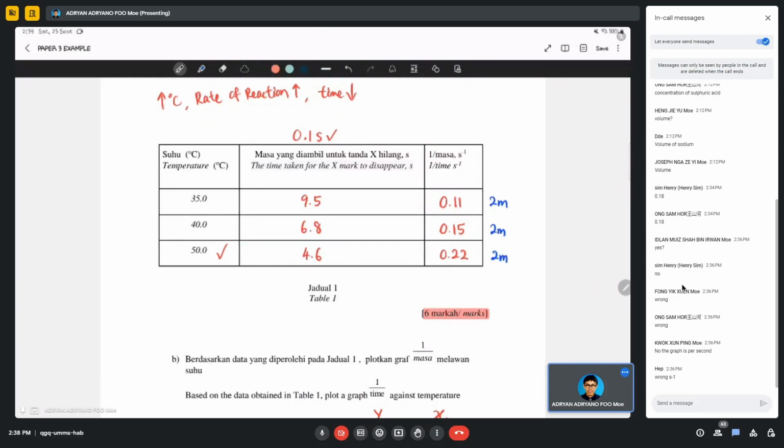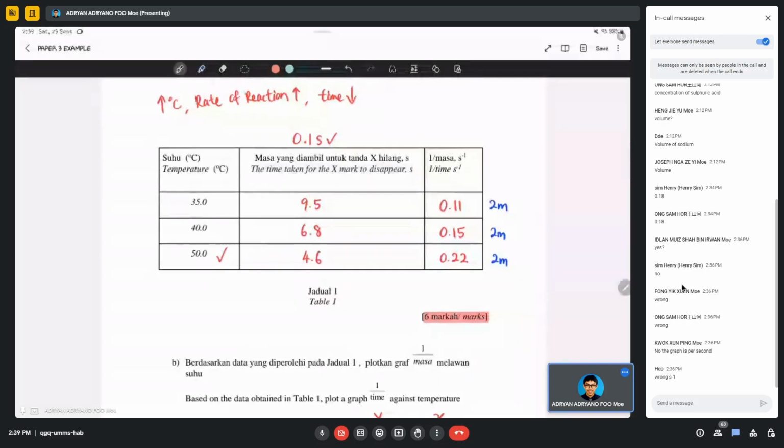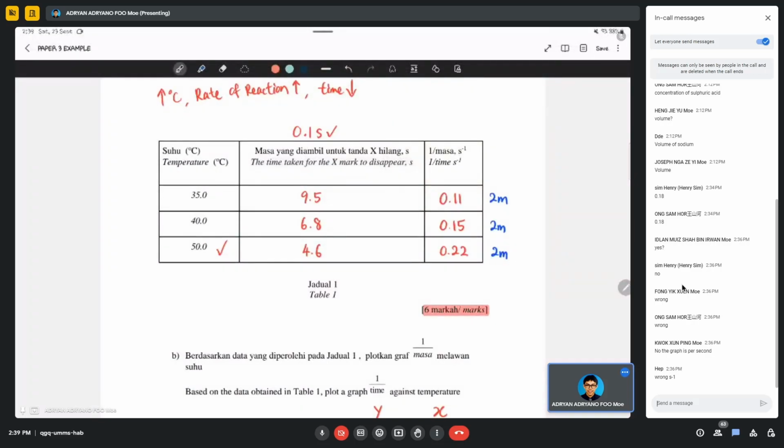So now I need to think what the rate of reaction is at 60 degrees. The time must be lower than 4.6, right? Because it is faster. So how do I determine it? We see that 0.11 goes to 0.15, an increase of around 0.04. Then 0.22 minus 0.15 equals 0.07.